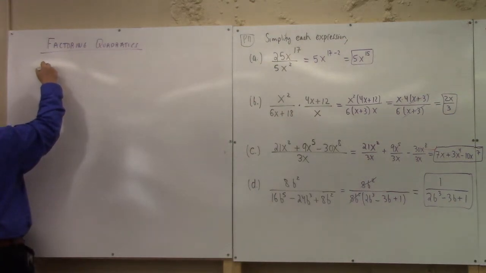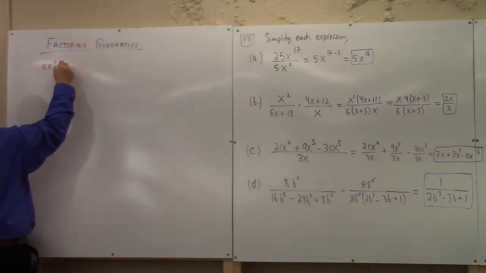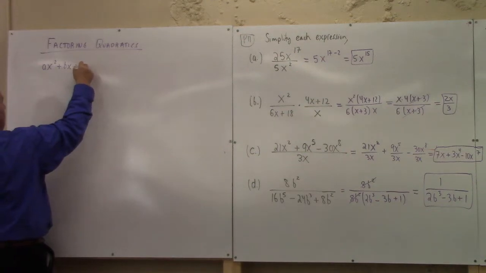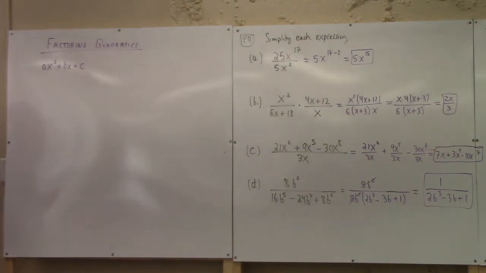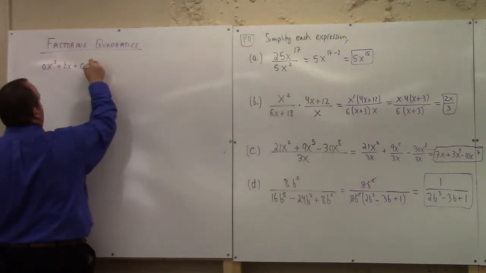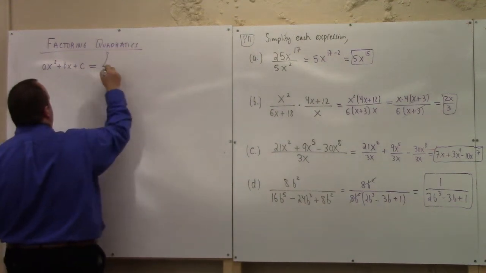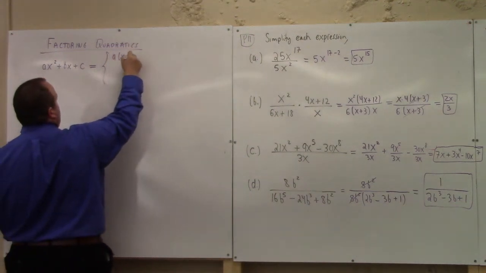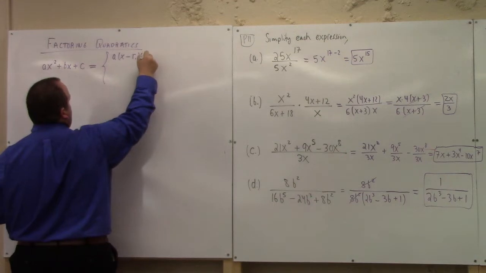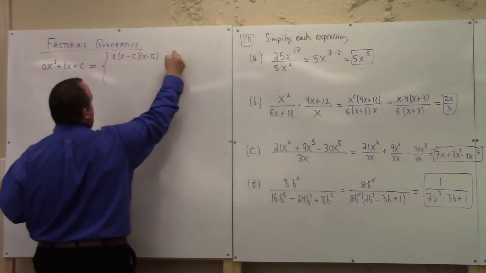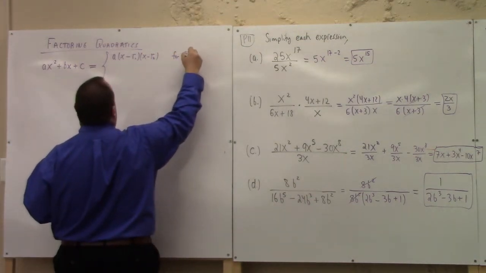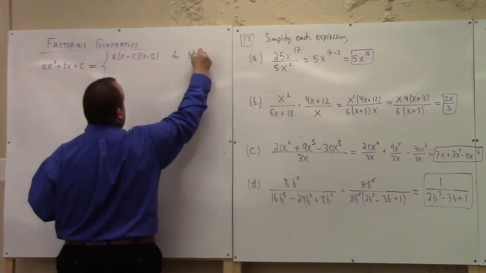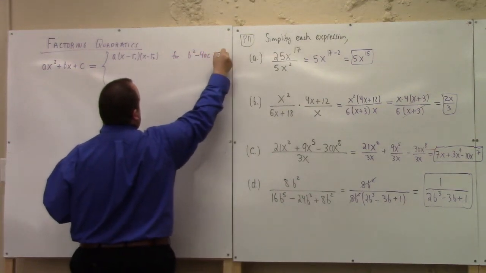The story is this: if we have ax squared plus bx plus c, then this is equal to a times (x minus r1) times (x minus r2) for b squared minus 4ac greater than 0.